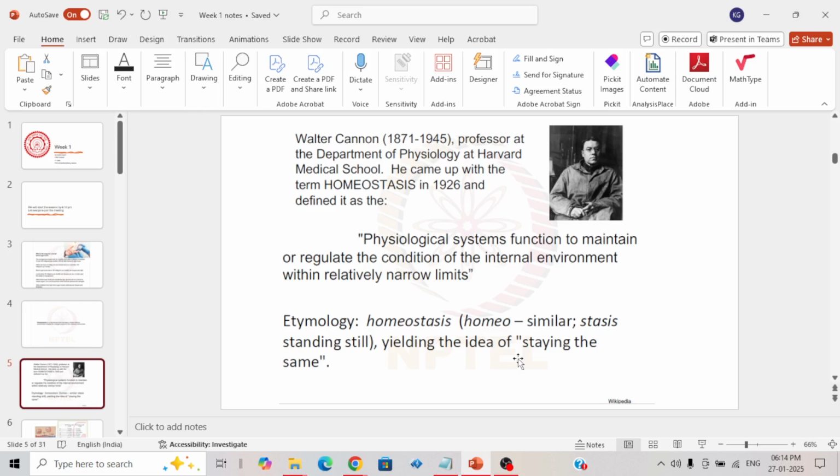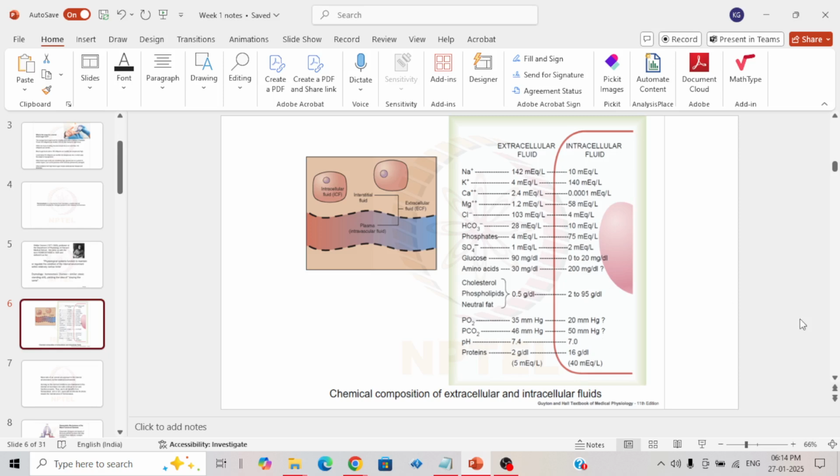So this is what homeostasis means, and it is very important for a body to function. Why is it important? As you can see in the slide, there is an amount which is said to be normal for any cell inside the body.